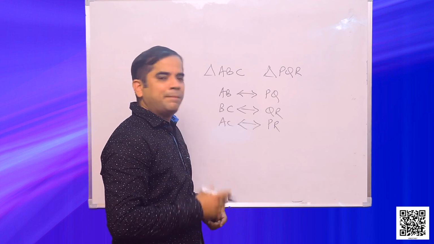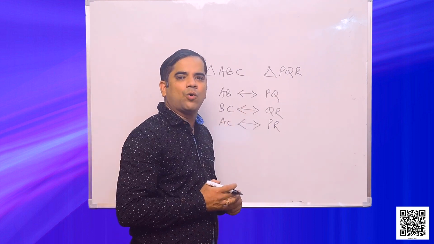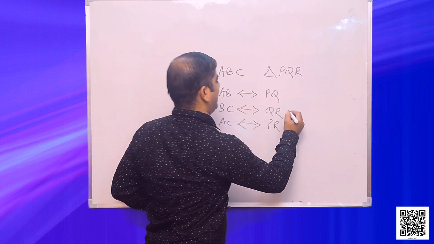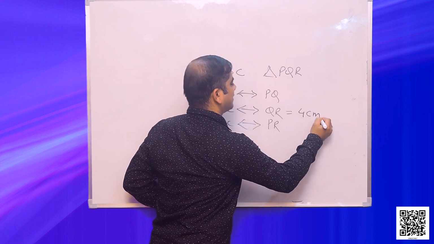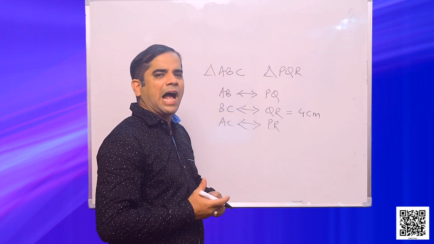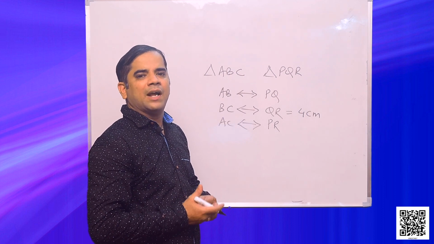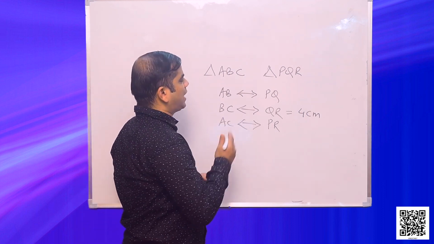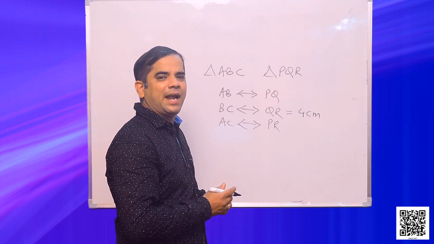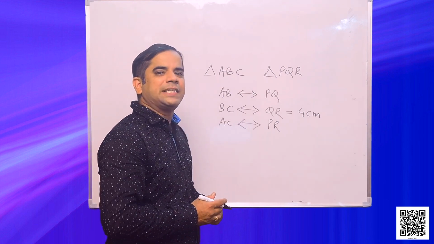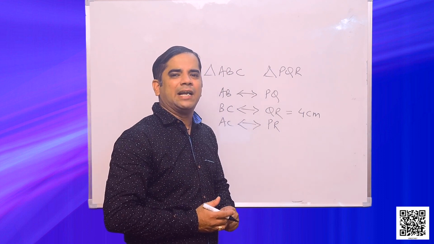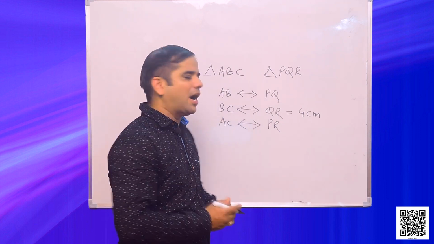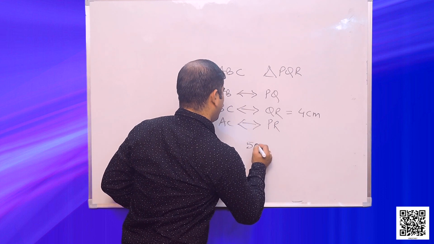In this case, BC is corresponding to QR because both are having side 4 cm. We do not have the value of AB, AC, PQ and PR. We have an included angle between AB and BC which is equal to the included angle between PQ and QR, that is 50 degree.